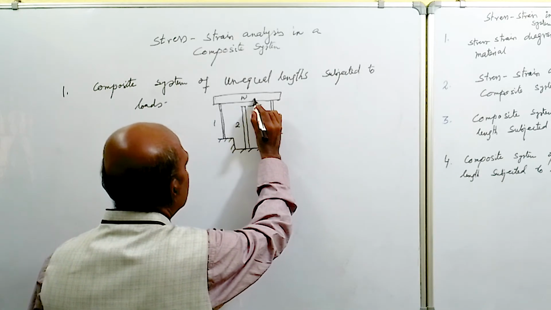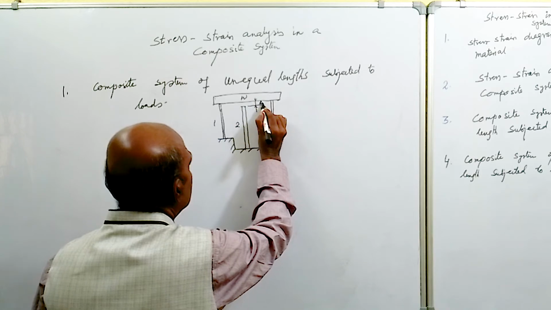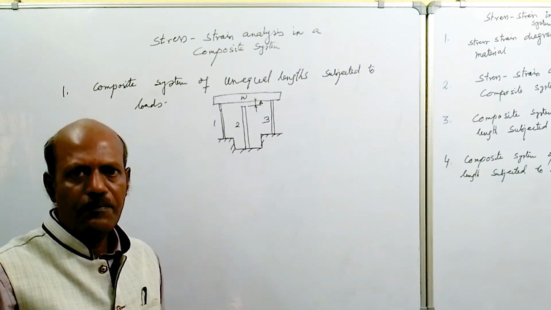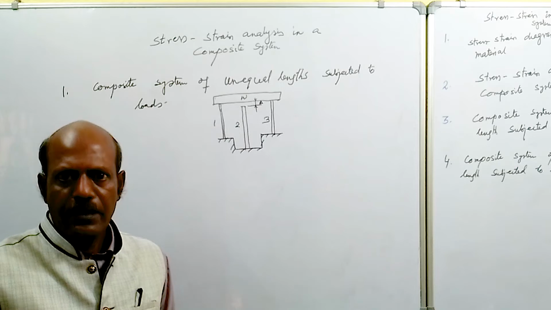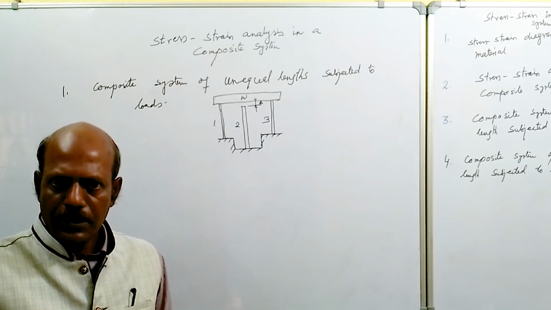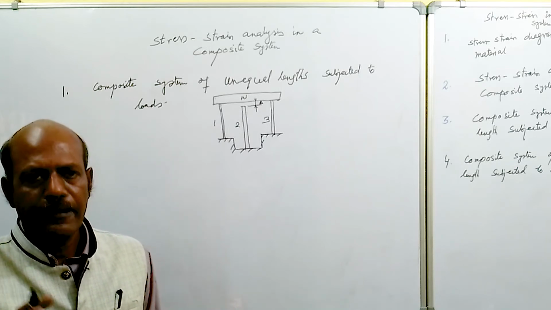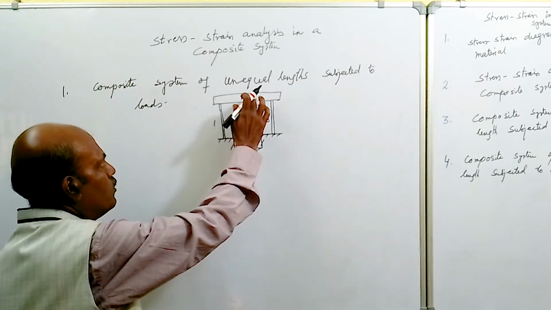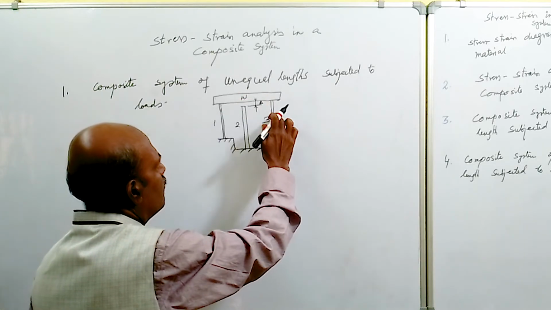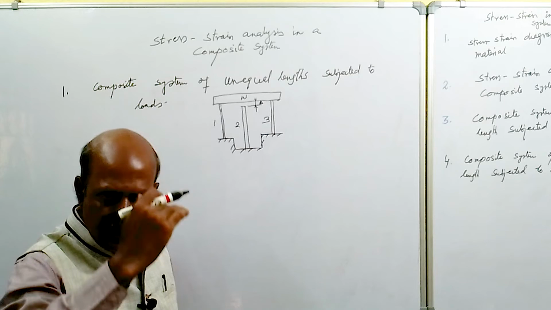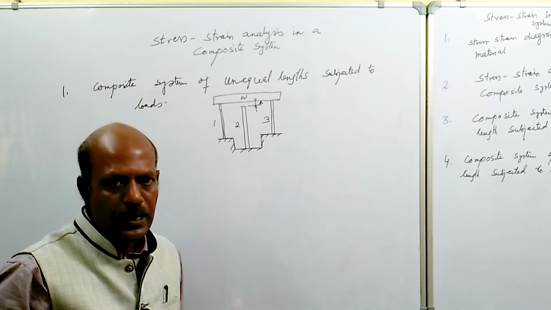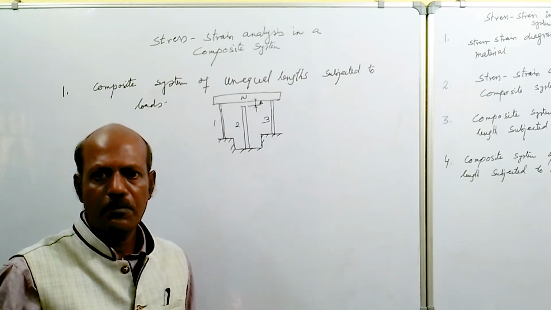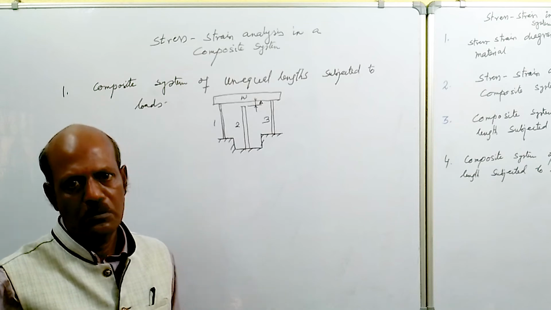Let this gap be delta amount, say 5 mm, 10 mm, 1 millimeter, or 1 centimeter, whatever it may be. If due to this load the deformation of bar 1 and bar 3 is more than this delta amount, then the second bar will also take the load.